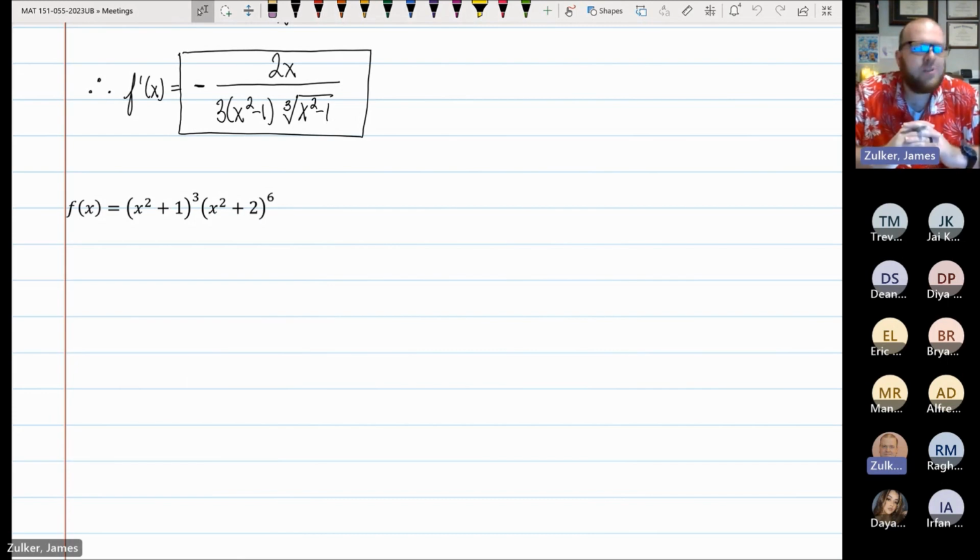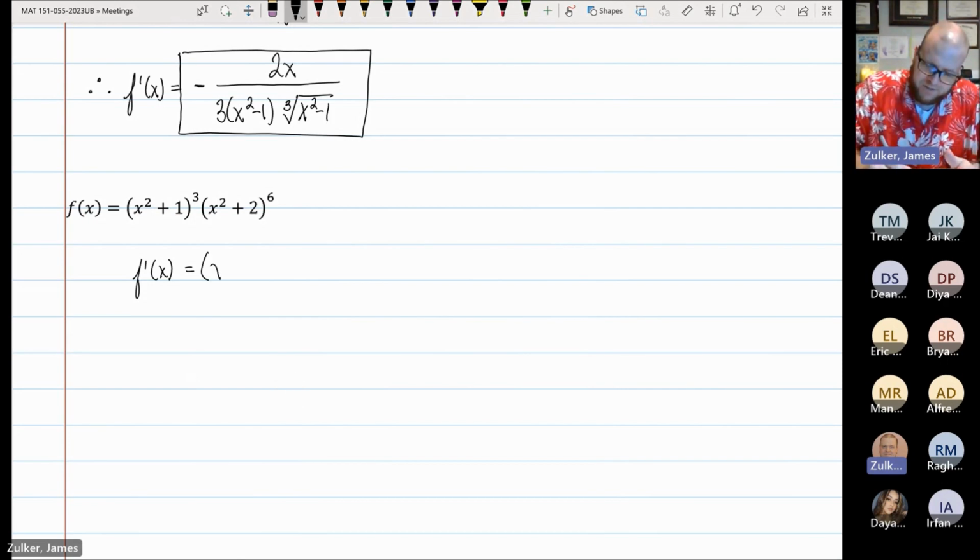I see a product of functions, so I'm going to use product rule. What does product rule tell me? I'm taking the second function and multiplying it by the derivative of the first.